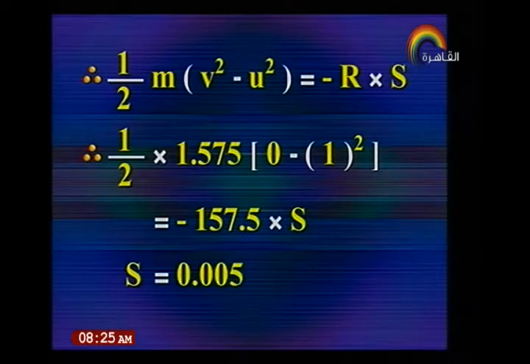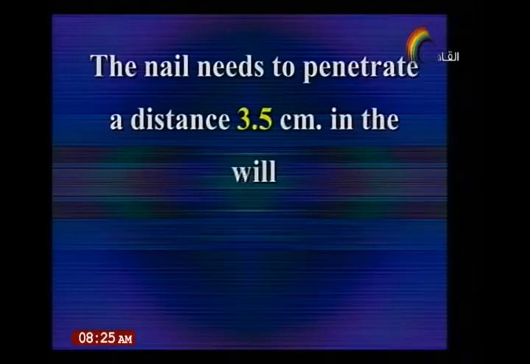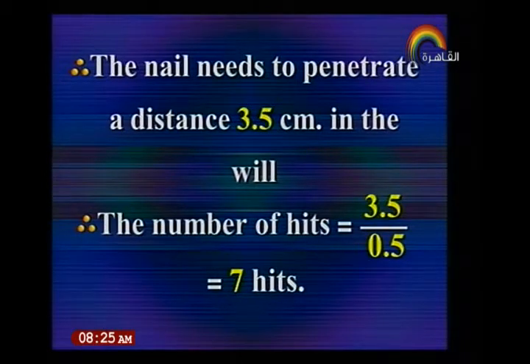Then s equals 0.005 meter, which equals 0.5 centimeter. The nail needs to penetrate a distance of 3.5 centimeter in the hole. Then the number of hits, we divide 3.5 over 0.5 equals 7 hits. The number of hits of the nail equals 7 hits.